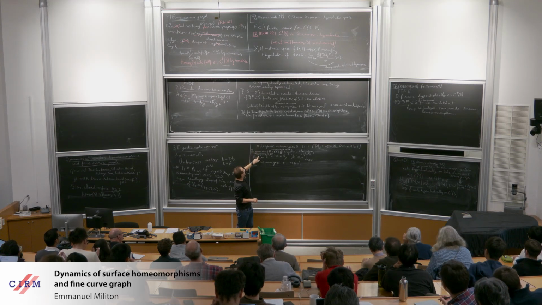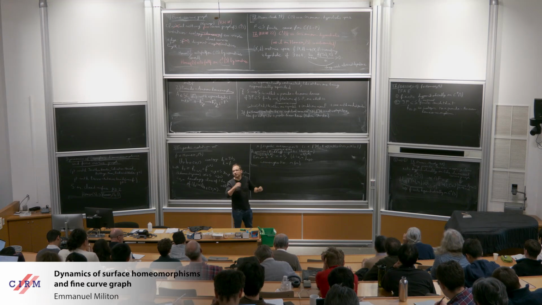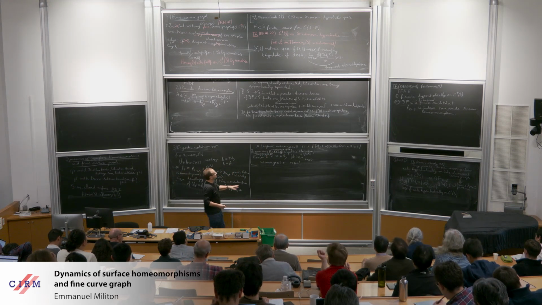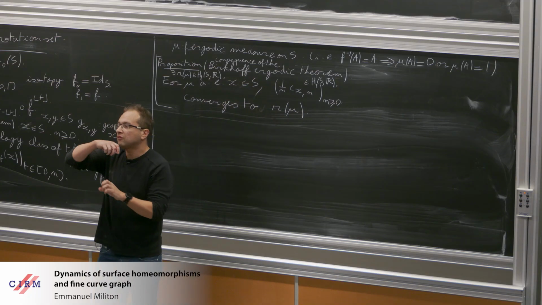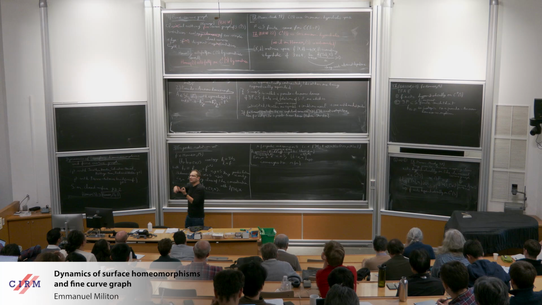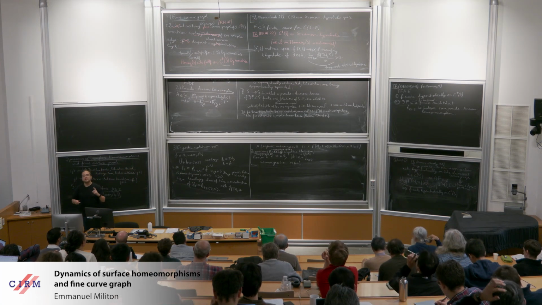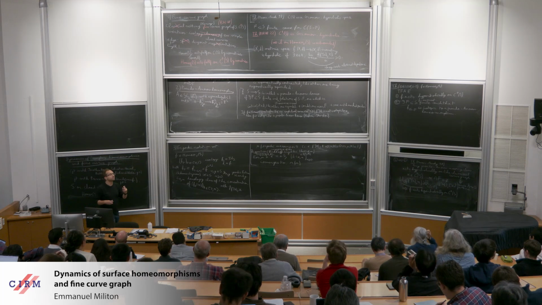Then for this ergodic measure, I can find a homological vector such that every point rotates at this speed. So given an ergodic measure, from the point of view of this ergodic measure, everyone goes at the same speed and in the same homological direction.